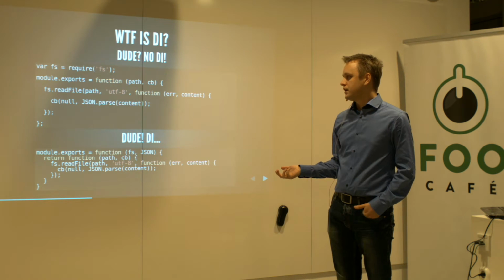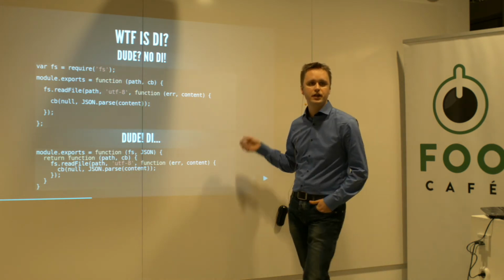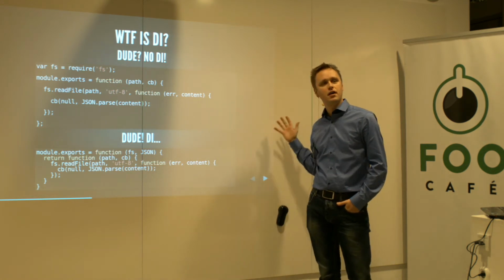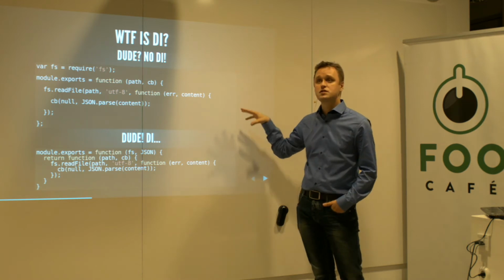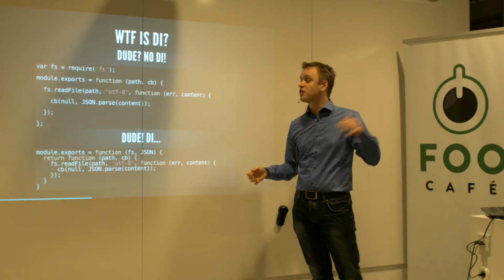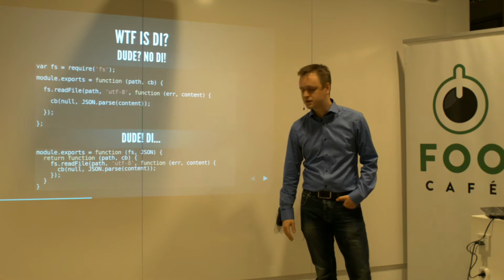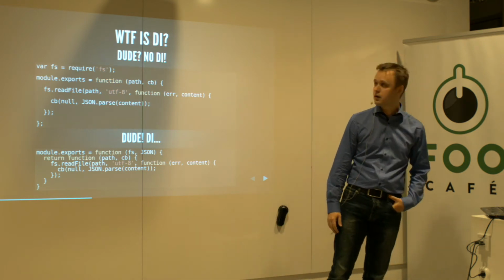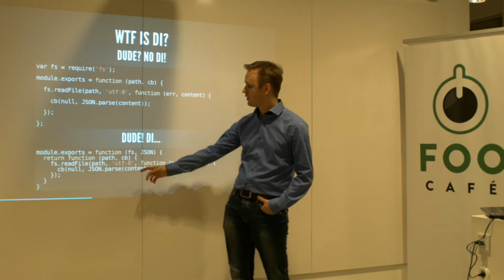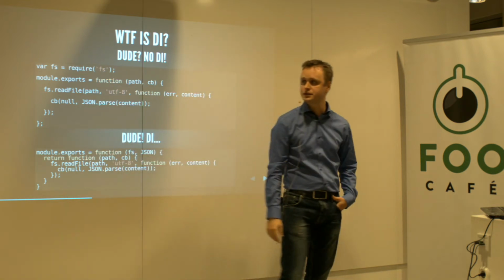The difference here is that the module itself is not at all responsible for getting its external dependencies. That job is put on the code that uses the module instead. So the code that uses this module could actually inject anything it wants to. It of course needs to make sure that it is usable. But really all it needs to make sure is that the stuff that is sent in can do this stuff, can readFile and can parse.